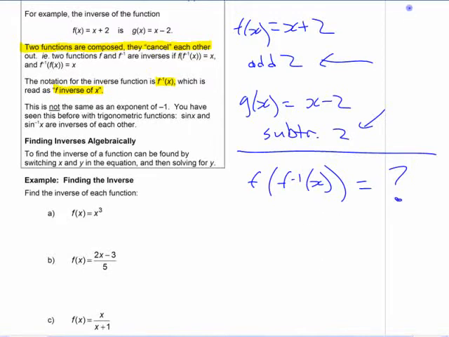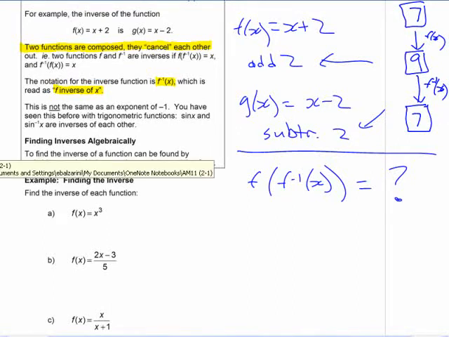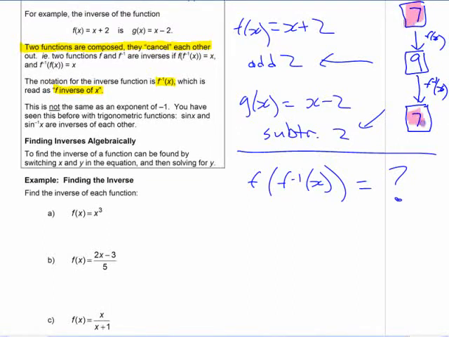Let's say I take the number 7 and I apply f of x to it. What do I get? I get 9, right? Because it's adding 2. And then if I take f inverse of x and I apply that, it's subtracting 2. What do I get? You get the 7 back again, right? You get your original value back. You start with 7, you end with 7.